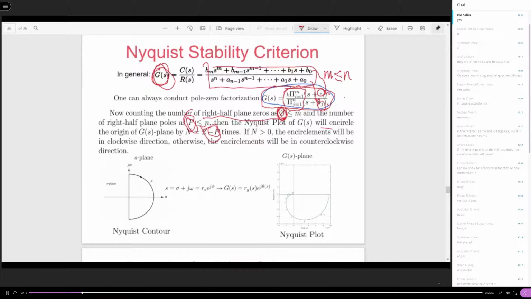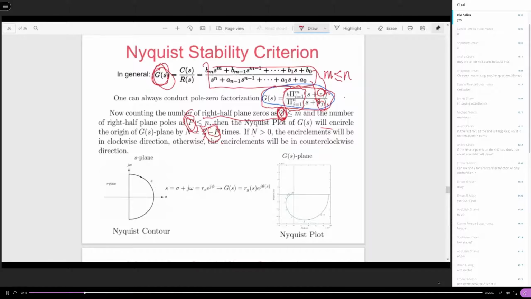The only thing I'm not quite sure about is whether N, the net number of encirclements around the origin, is a positive number, a negative number, or equal to 0. It depends on the values of Z and P, so any case could be possible.